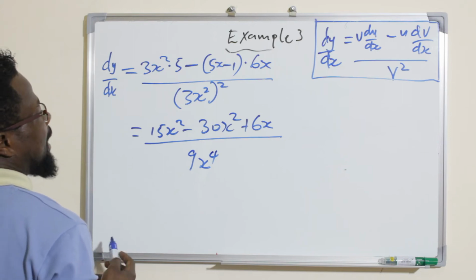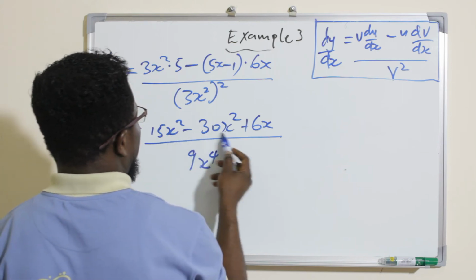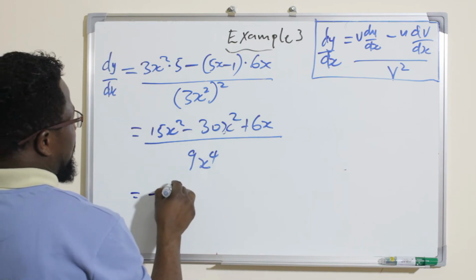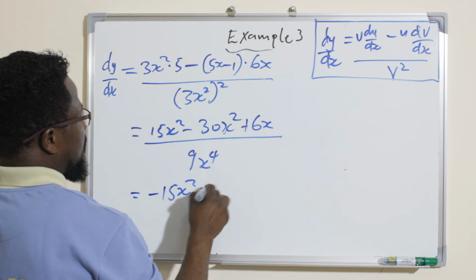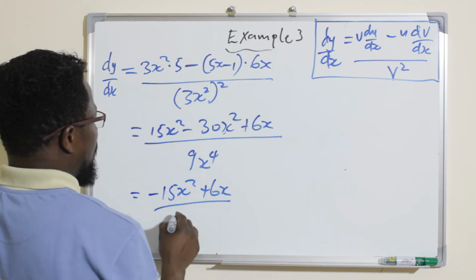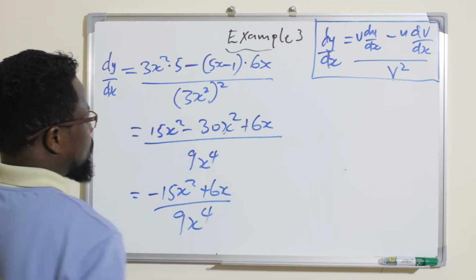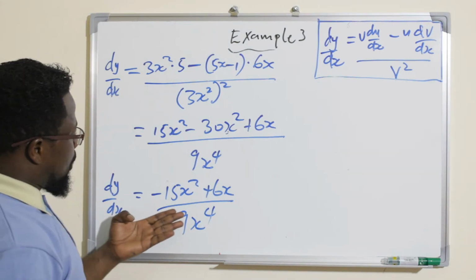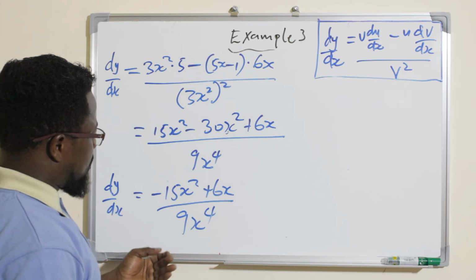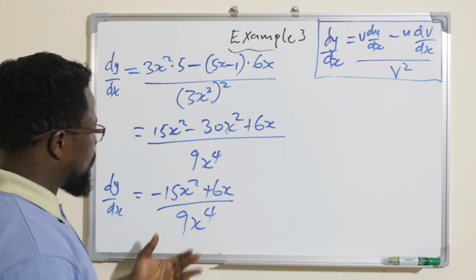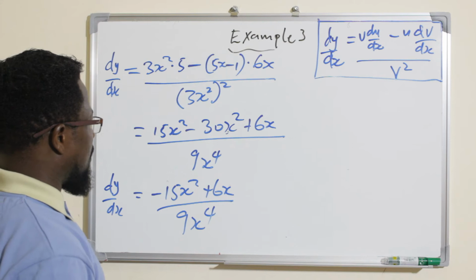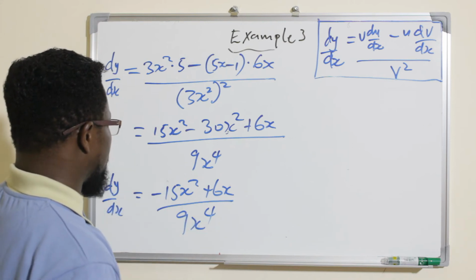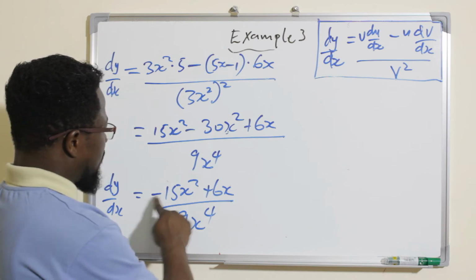And let's see if there are like terms. Yeah, there are like terms here, so I need to simplify. If I simplify that, I am getting negative 15x squared plus 6x all over 9x to the power of 4. From here, when you look at this, we can see that we can have a common factor. What will be the common factor at the top there?